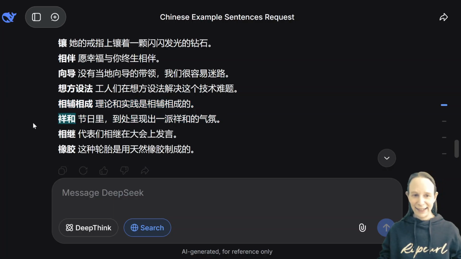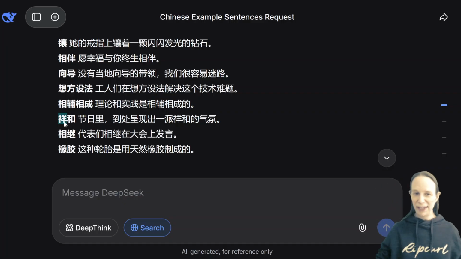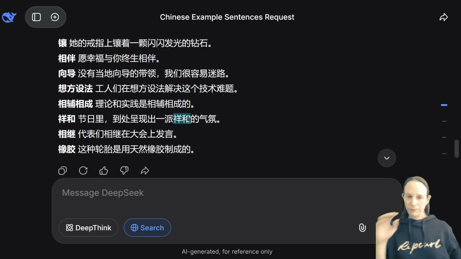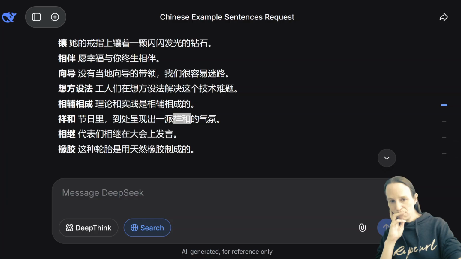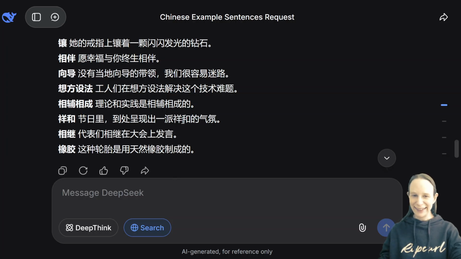All right, next is 相合, I don't know. This 相 pertains to good fortune or something. 和 would be peace. I honestly don't know. 节日里到处呈现出一派祥和的气氛。Could it be 祥和? 和 can be pronounced fourth tone to mean shout or something like this, right?